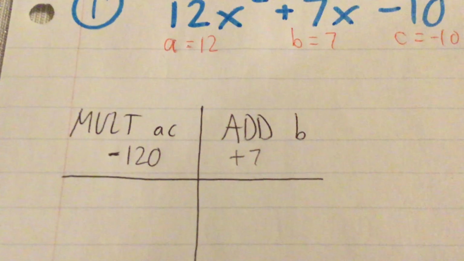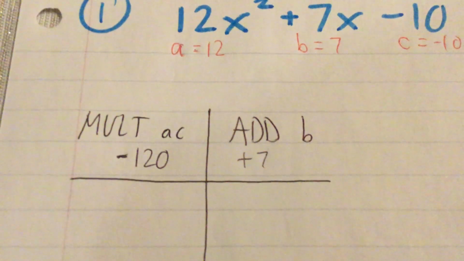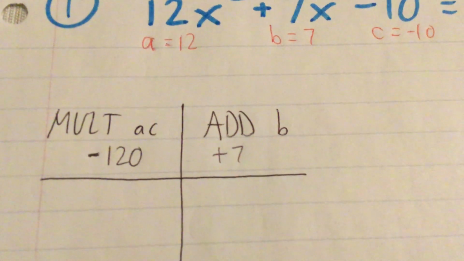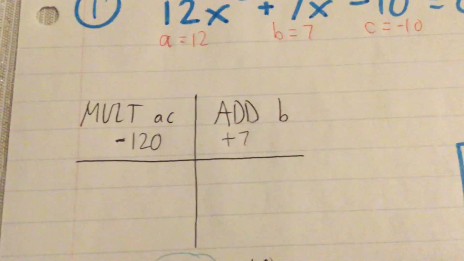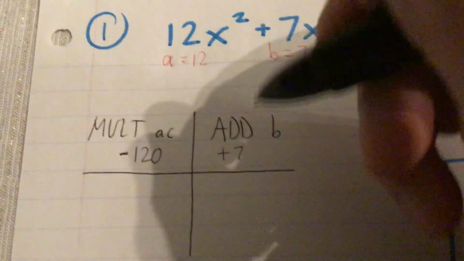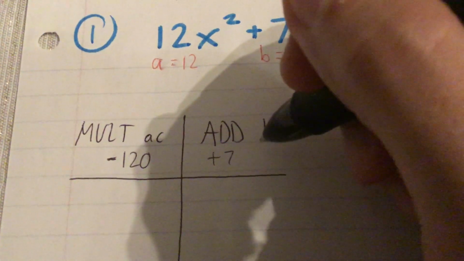I'm going to give away the answer in 5, 4, 3, 2, 1. The combination that I found works is 8 and 15. But remember, 8 times 15 is 120. I want some sort of positive negative combination where the 15 is bigger.